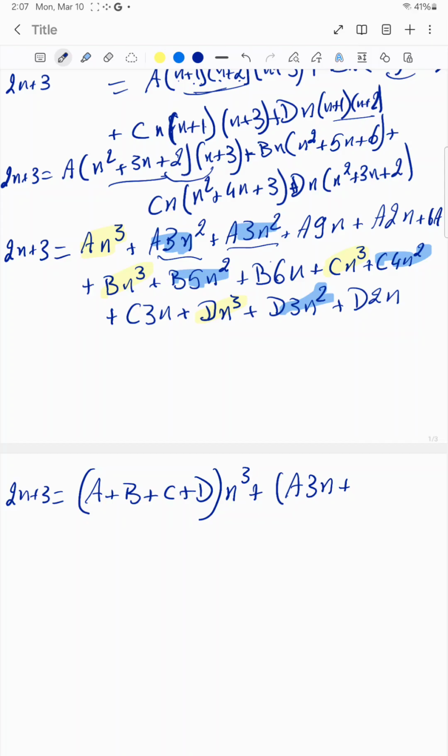Why do I have 2 a3n? Here I multiplied an times n, an to the power of 3, an to the power of 2 times 3, it's a3n to the power of 2, and then a3n times n.